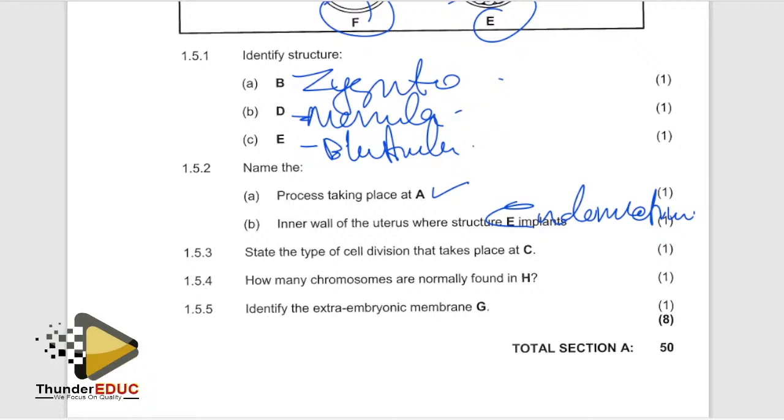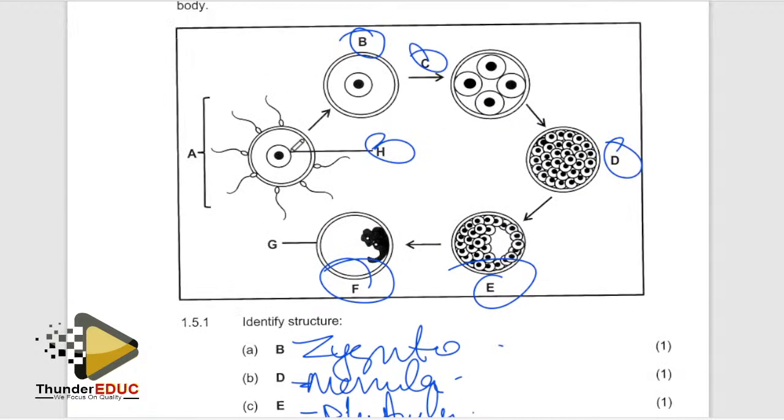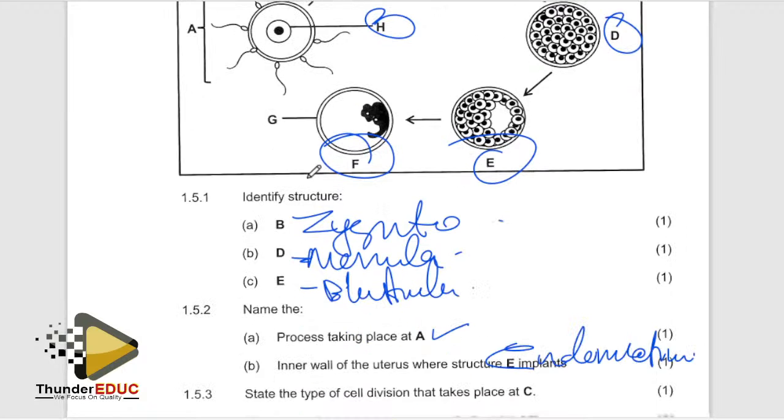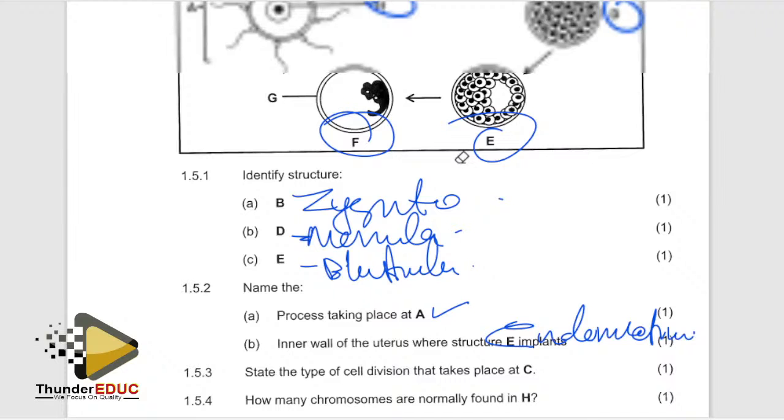Yes. All right. Let's continue. How many chromosomes are normally found in H? What is H? Remember, it is an ovum. Then they're saying identify the extra embryonic membrane. We talked about it, and I emphasized it.